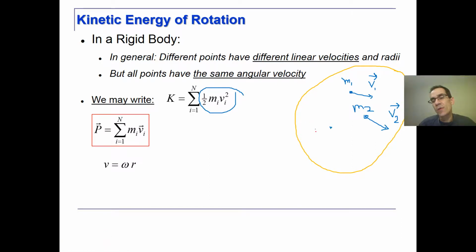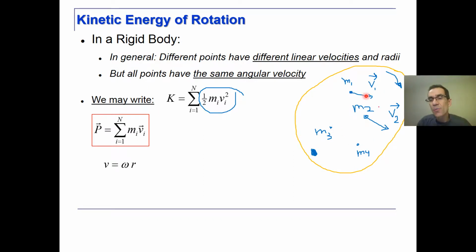Here's m3. And here's m4. And this big body is going to rotate about this axis. This is the axis of rotation. So I get the whole body to spin about a fixed axis. So the whole thing is spinning, is turning.